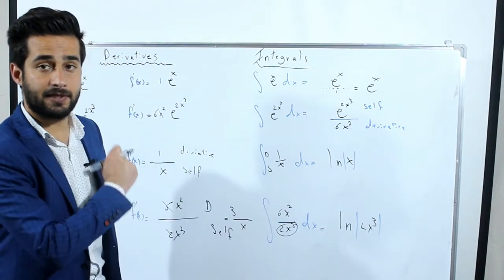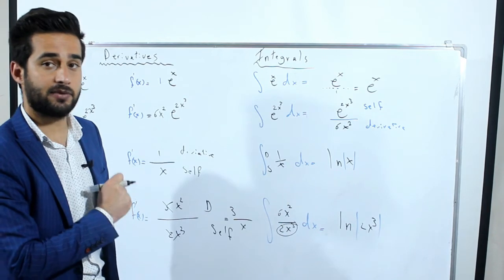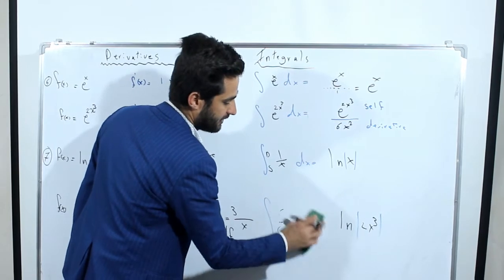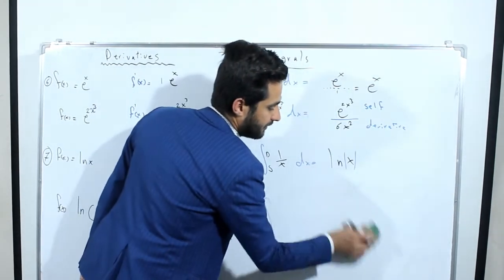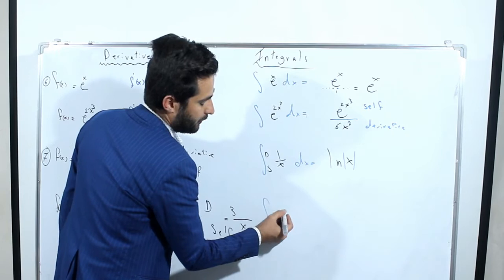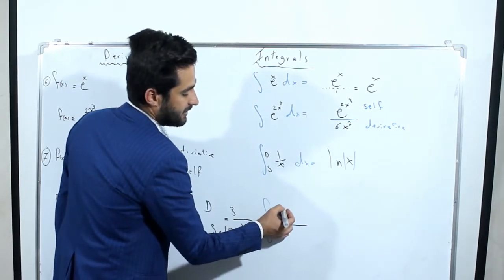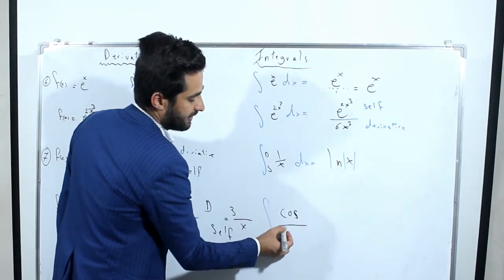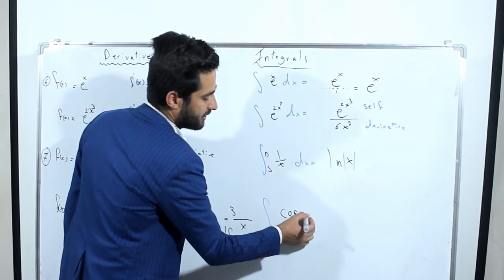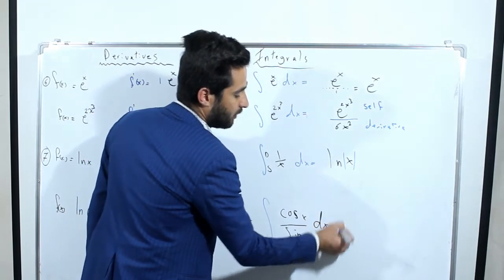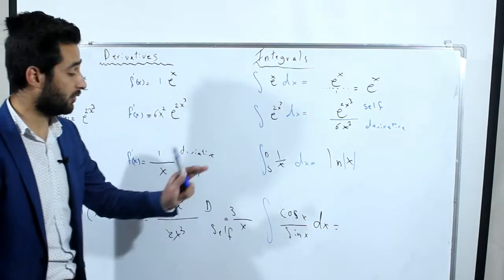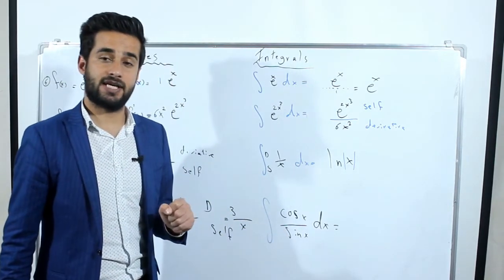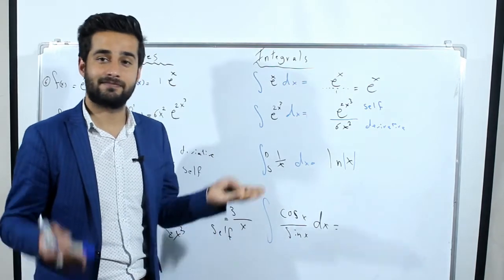Guys, let me give you an example. Can you tell me how we can solve this? Let me clean this and tell you, let's say cosine over sine of x dx is equal to what? What's the integral of this? Can you tell me what the derivative of sine is? The derivative of sine is cosine. That's it.